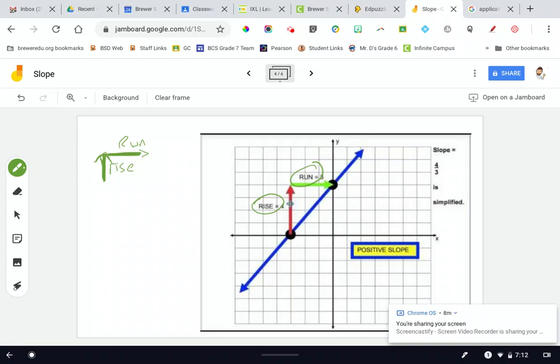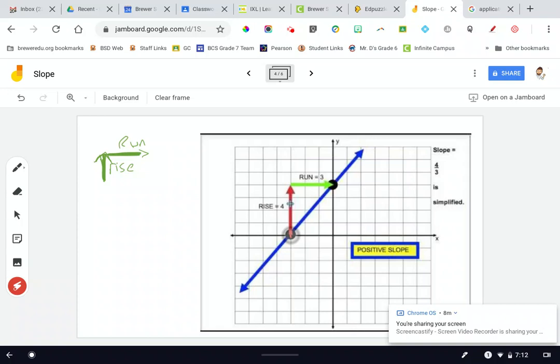You just count. You think about it on a grid like we have in this picture here. I'm going to erase some stuff here. So on this picture, we have rise and we have run. You see here's a dot and here's a dot.